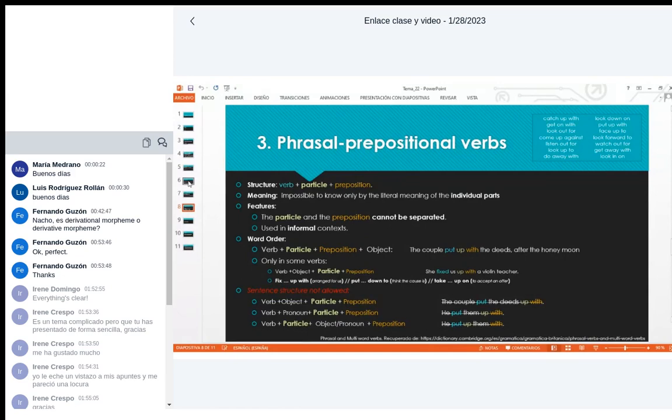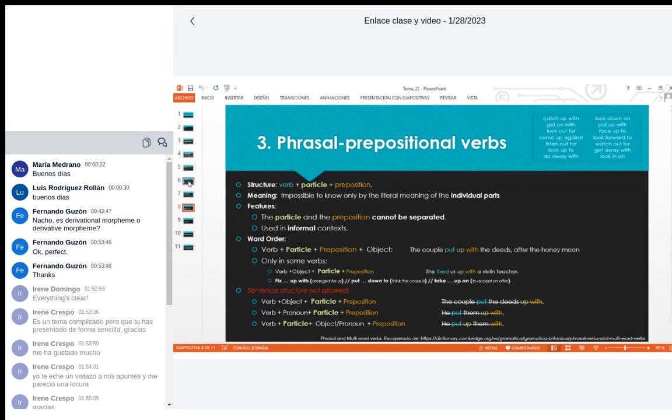The meaning is sometimes impossible to know only by the literal meaning of individual parts. The meaning has long gone, and so we need to learn these phrasal prepositional verbs by heart. In this case, the particle and the preposition cannot be separated, and they are used in very informal contexts.